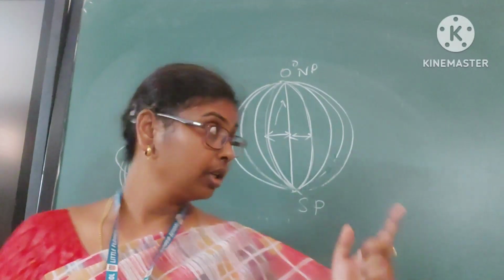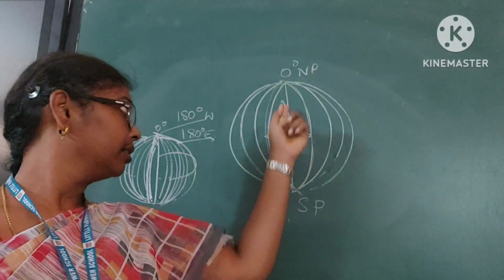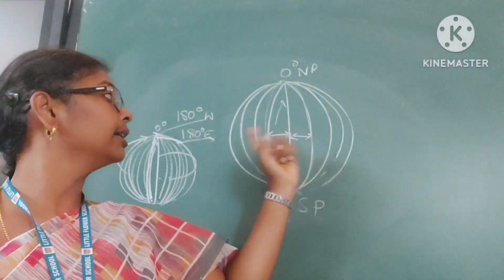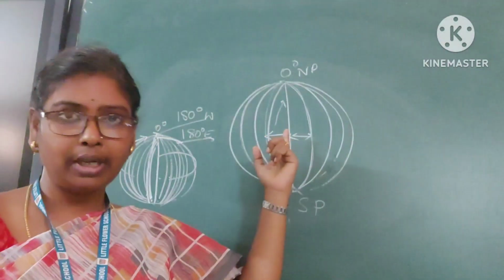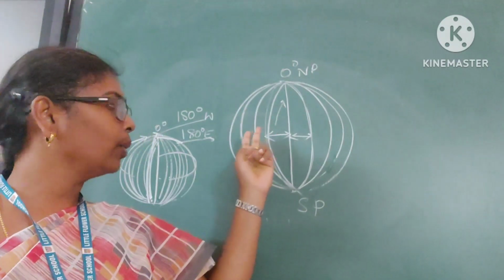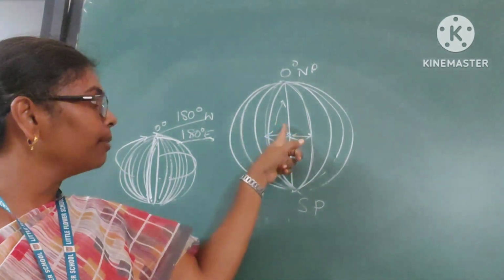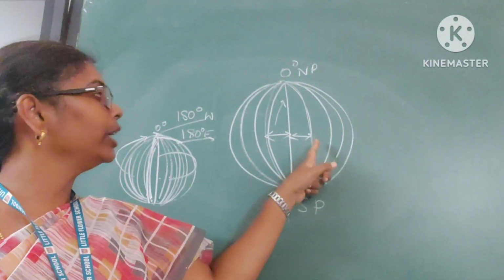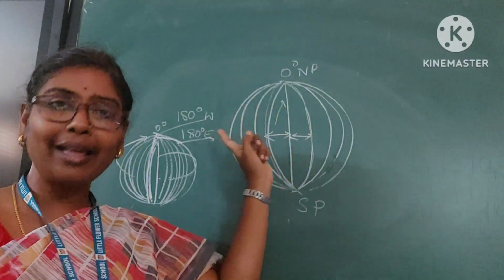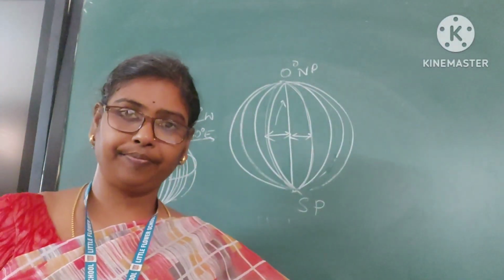And moreover, this prime meridian divides the earth into two equal halves, as the equator does, the eastern and western hemispheres.